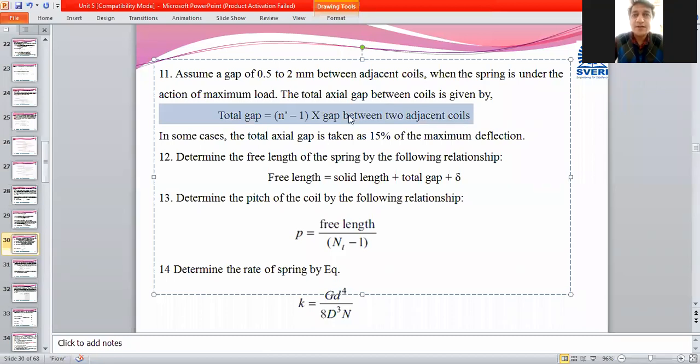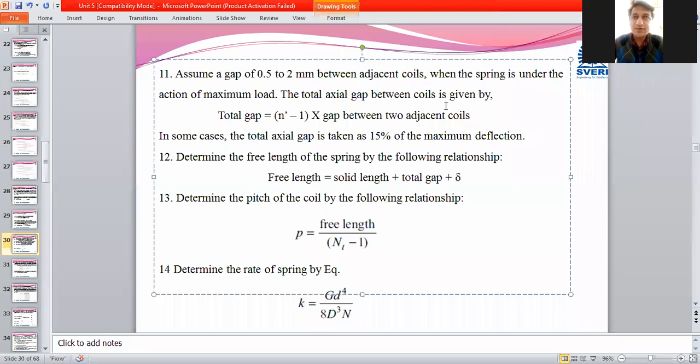This total gap is calculated so that we can calculate the free length of that spring. Here it is written that in some cases the total axial gap is taken as 15% of the maximum deflection. This value can be considered directly, but only for specific applications, those coming under the category of industrial applications.